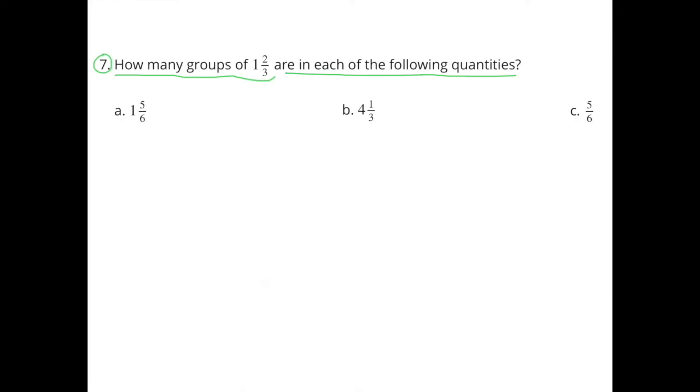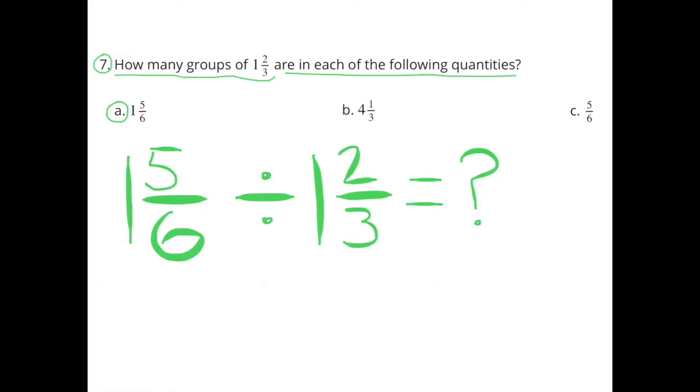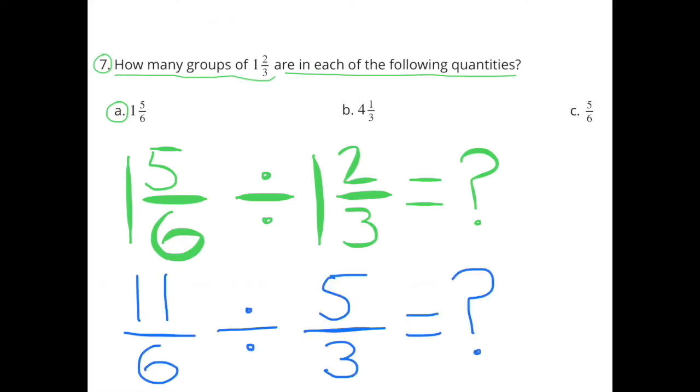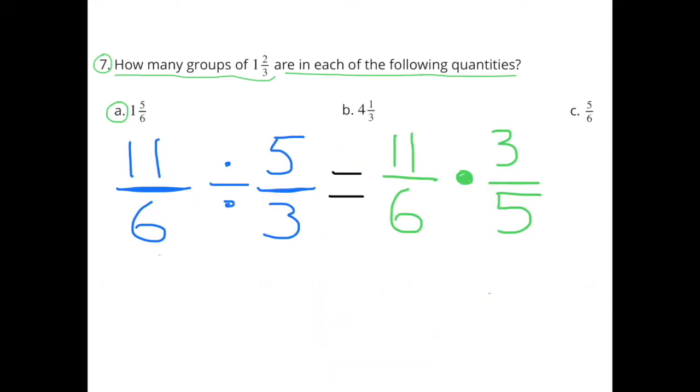Number 7. How many groups of 1 and 2/3 are in each of the following quantities? A. 1 and 5/6. That would be 1 and 5/6 divided by 1 and 2/3 equals what number? I can rewrite that as 11/6 divided by 5/3 equals what number? 11/6 divided by 5/3 is the same as 11/6 times 3/5.